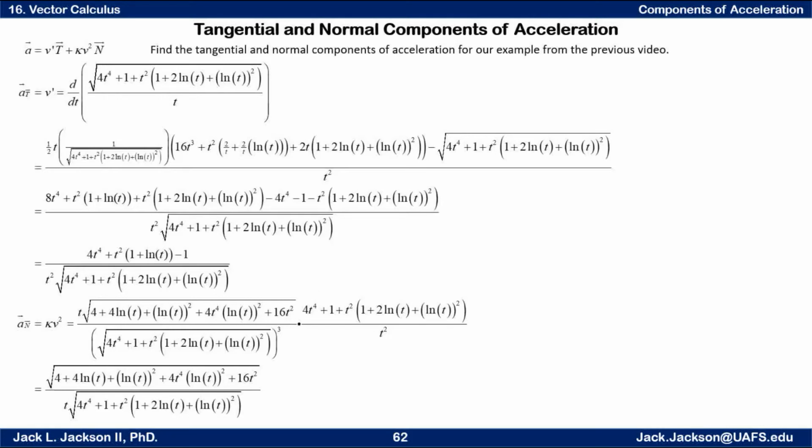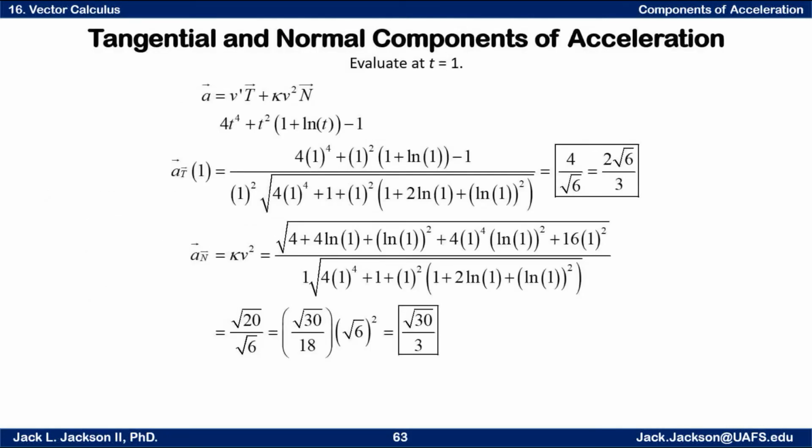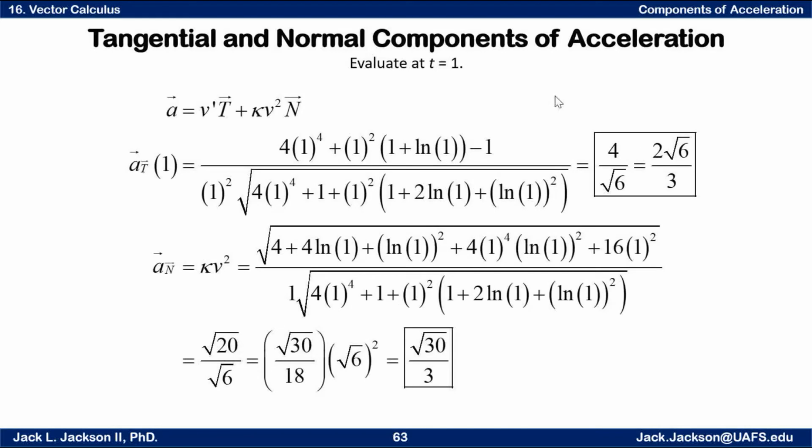Okay, now if we look at these at a specific place, say t is 1, we can plug this in. So here you see we took the formula from the previous page and just plugged in 1s everywhere we saw a t. And remember, natural logarithm of 1 is 0.